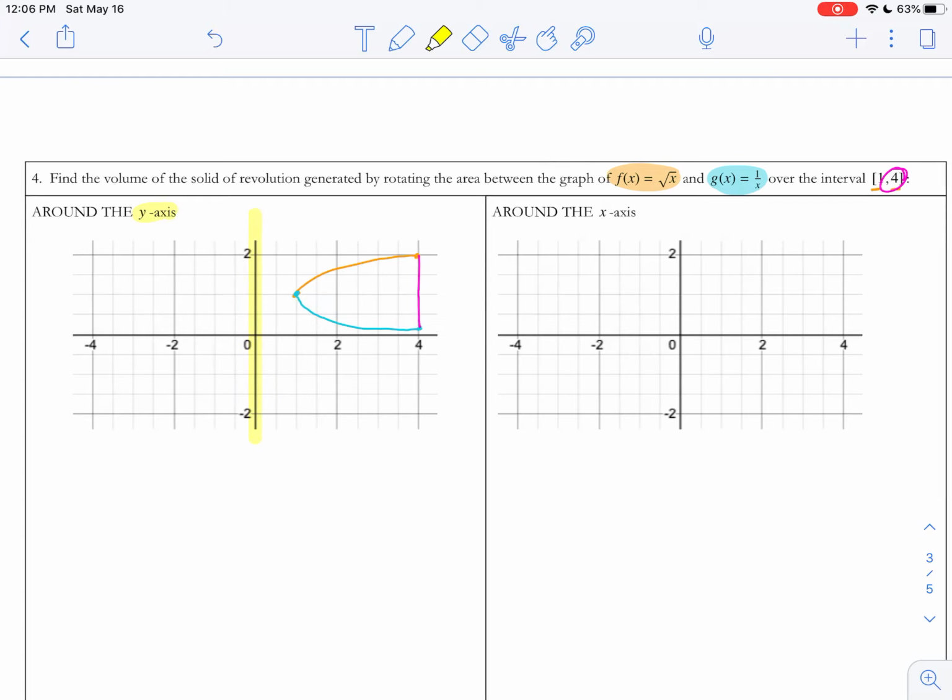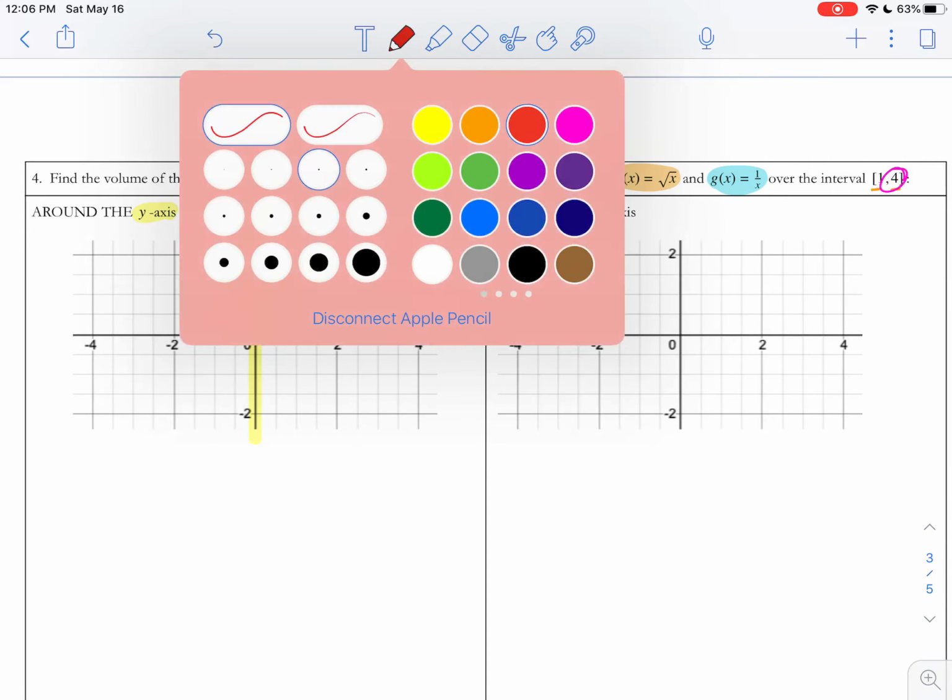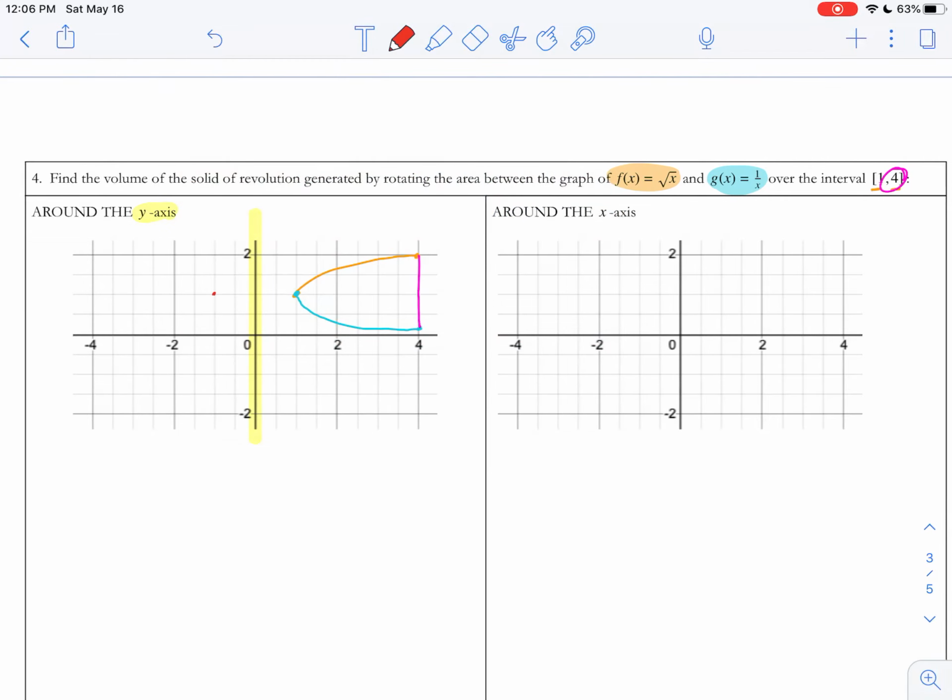I'm going to draw the reflection part in red, and let's see what we get. All right, so I have two choices. I can use washer method or I can use shell method.